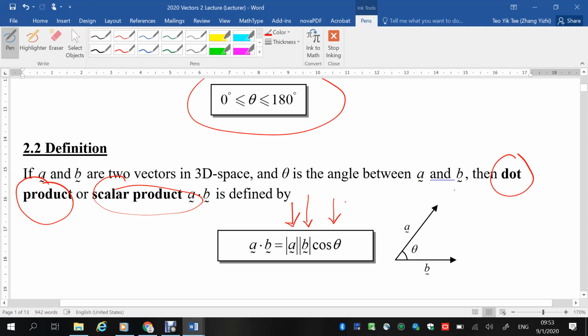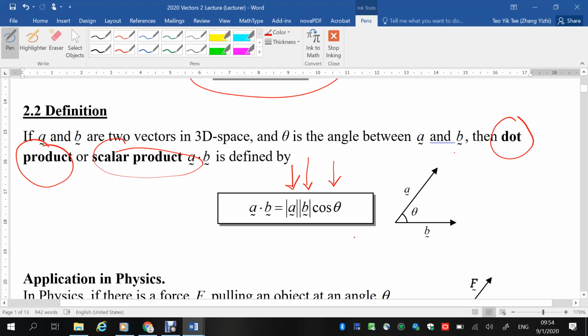Remember, A dot B equals magnitude A, not modulus, magnitude A, magnitude B multiplied by cosine theta. And what is theta? Theta is the angle between the two vectors that we're talking about. Okay, so this is the formula. This formula is something that you must accept. It cannot be proven. If you can prove it, you can get the Nobel Prize already.